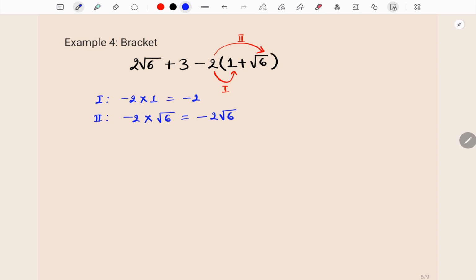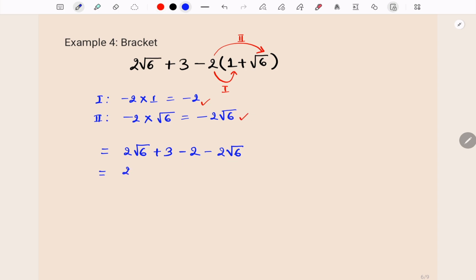Now going back to the original question, we have 2 root 6 plus 3. That is the part that is present outside the bracket, and then we have minus 2 from the first multiplication, and then we have minus 2 root 6 from the second multiplication.